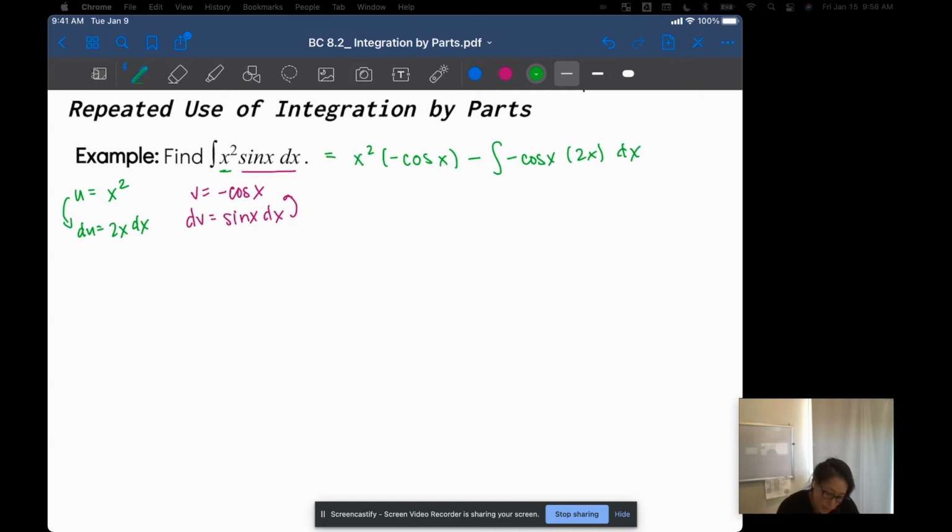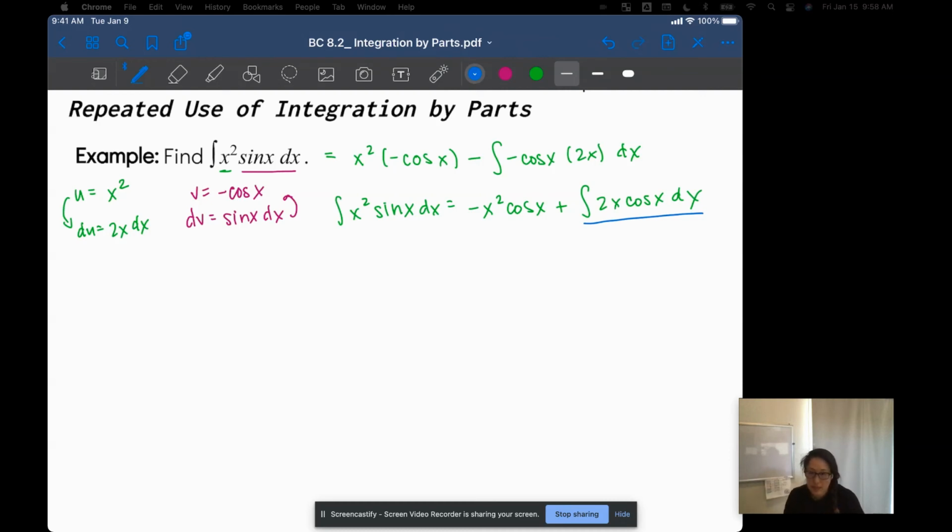And I do like to rewrite both sides of the equation. That'll be important later. All right, so I get negative x squared cosine of x plus the integral of 2x cosine x dx.